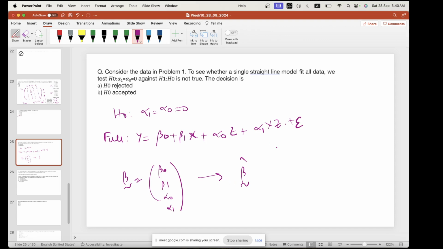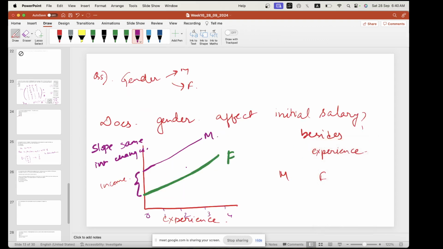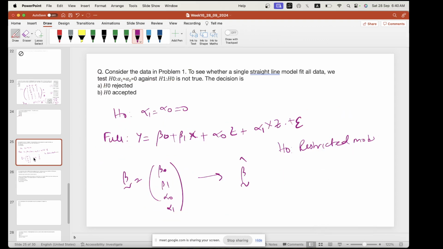Okay, now under H naught we have the restricted model. Now what is that?